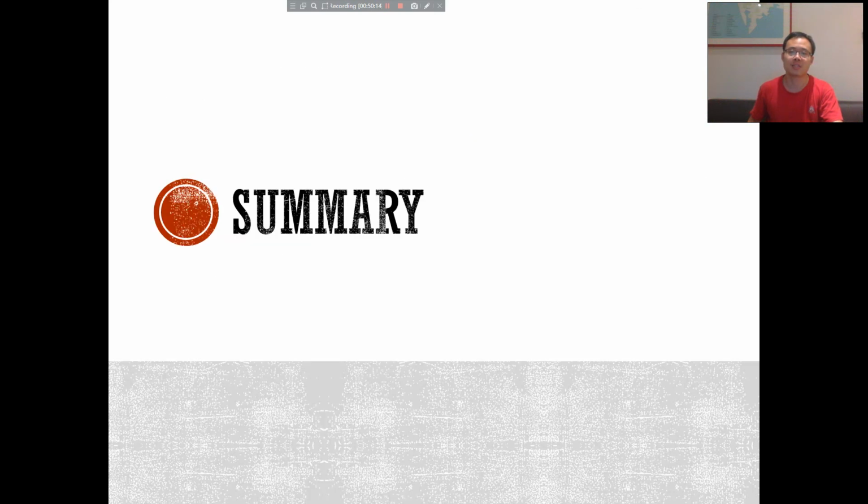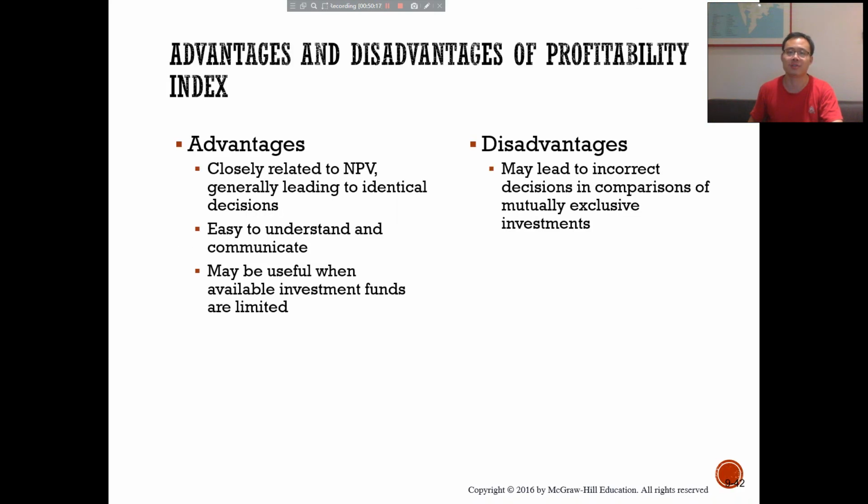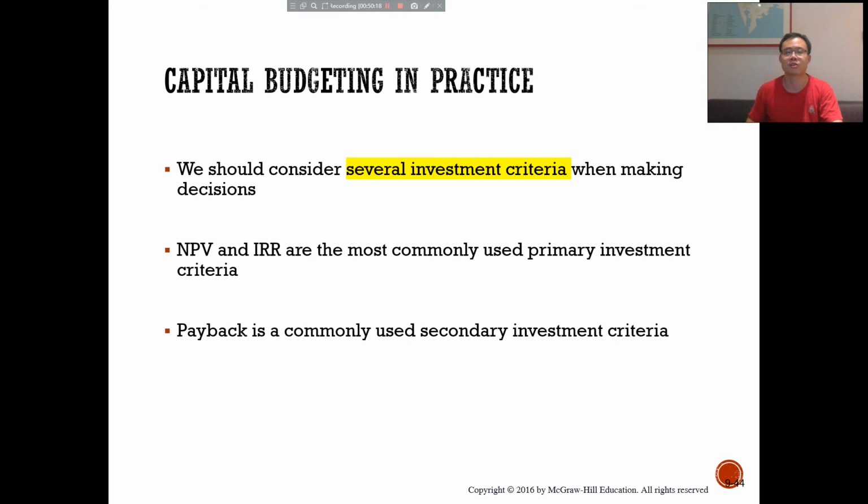The summary is that you should consider several investment criteria when making decisions, because you are facing different limitations and restrictions, and also different needs and demands.